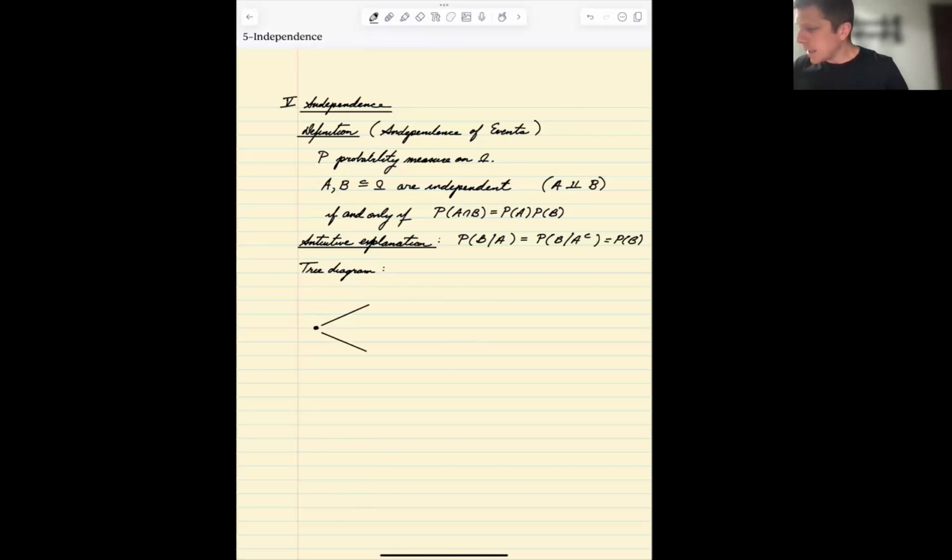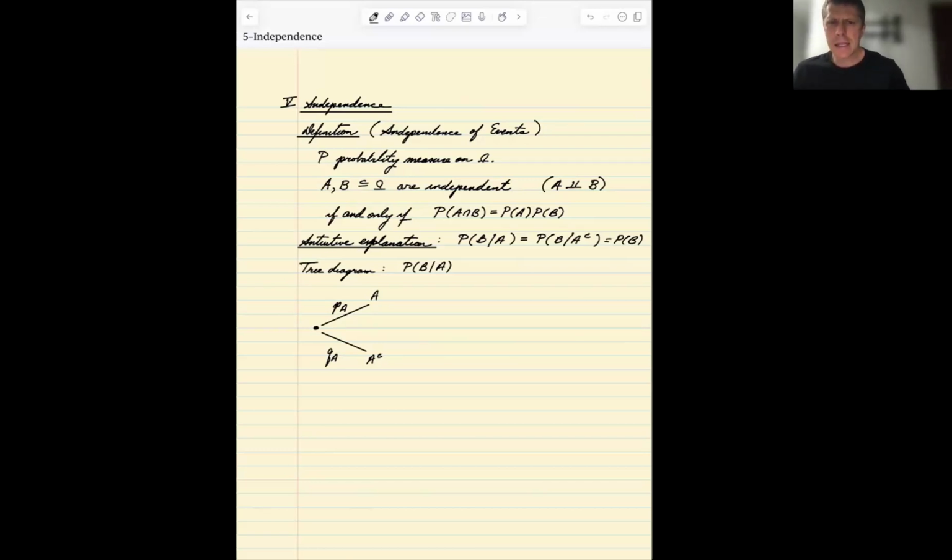So first A and then B, and I want to think about conditional probabilities of B given A. The first thing is either A occurs or A doesn't occur, and let's express those probabilities as P sub A and Q sub A. Q sub A is 1 minus P sub A, and P sub A is just the probability of A.